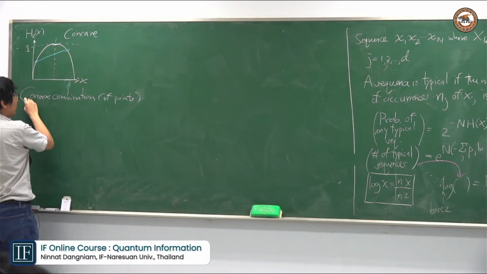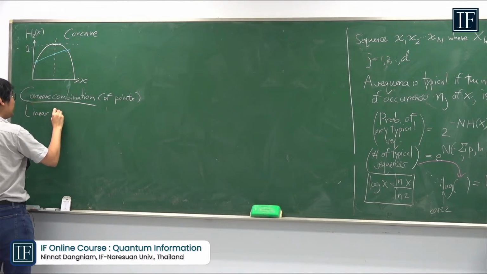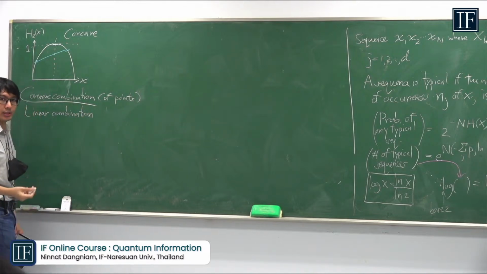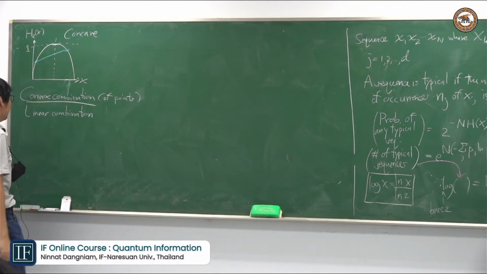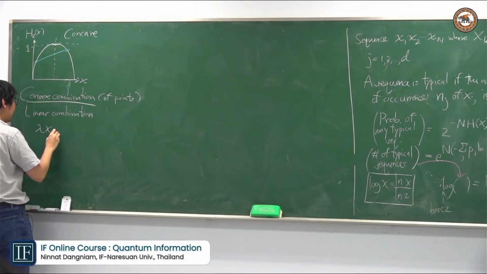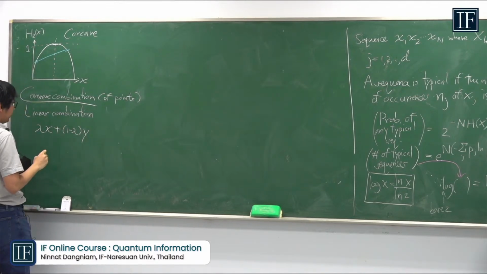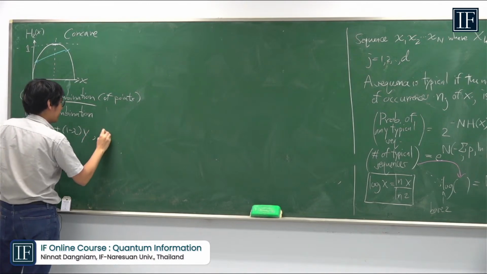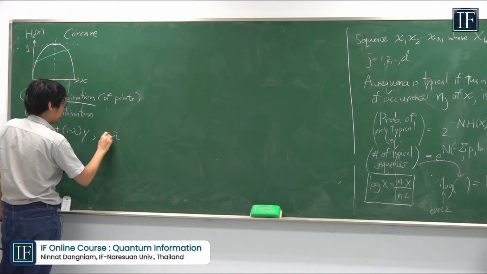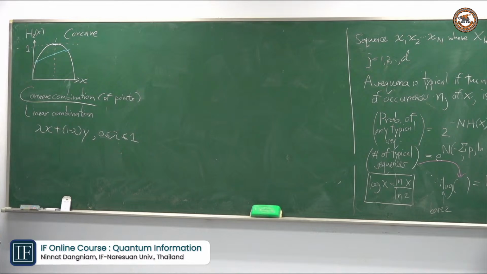This is basically a special kind of linear combination, like a probabilistic version of linear combinations, where if I have a convex combination of x and y, this lambda must be positive and less than or equal to 1.